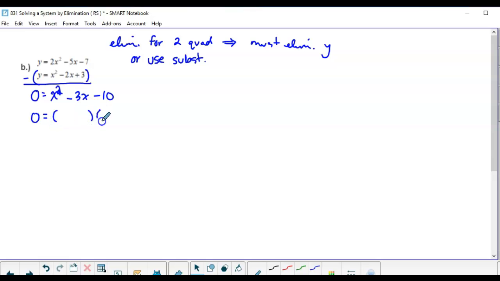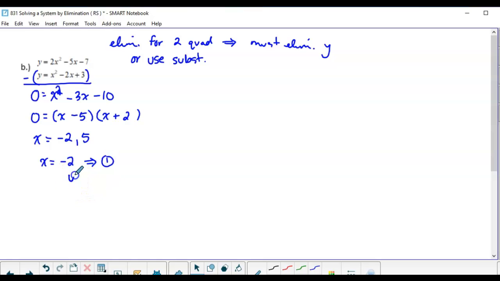So we need to factor. Two numbers that multiply to negative 10 and add to negative 3 would be negative 5 and positive 2. So you have two x solutions. Now you take x equals negative 2 and substitute into, it doesn't really matter, I'll put it into the first equation.